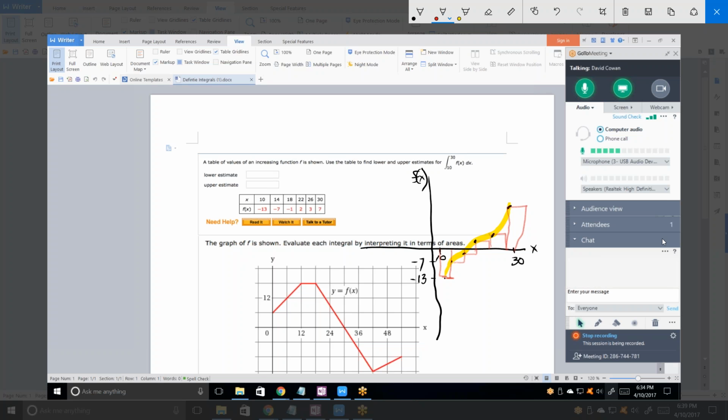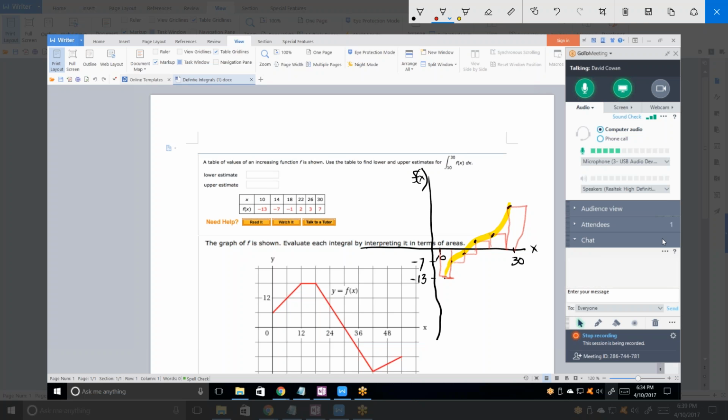So in reality, it really is underestimating it when we do left-hand endpoints. As long as the function is always increasing, then left-hand endpoints underestimate it, and right-hand endpoints overestimate it.